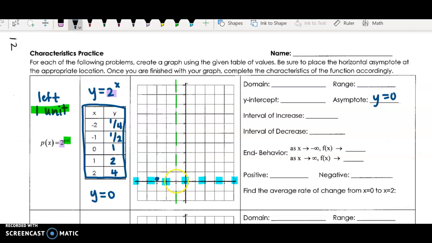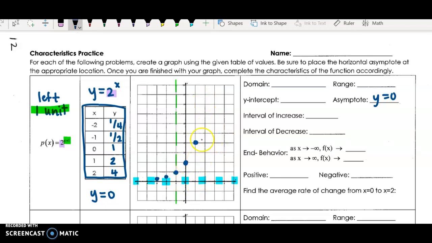I'm going to go back to that starting point and I'm going to count to the left 1 and up 1/2. From here up 1. From here to the right 1 and up 2. And then back to here to the right 2 and up 4.